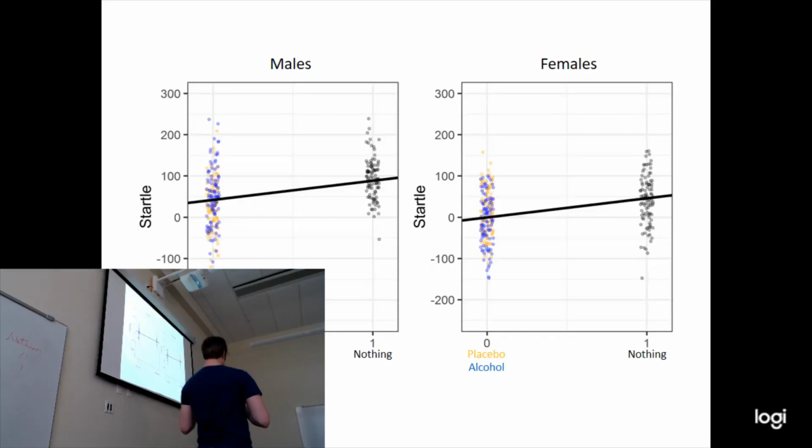If I want to have some way of understanding the effects of sex, participant sex, one way I can do that is I can plot two different prediction lines, one for males and one for females. They'll have the same slope, but the intercept will be offset.